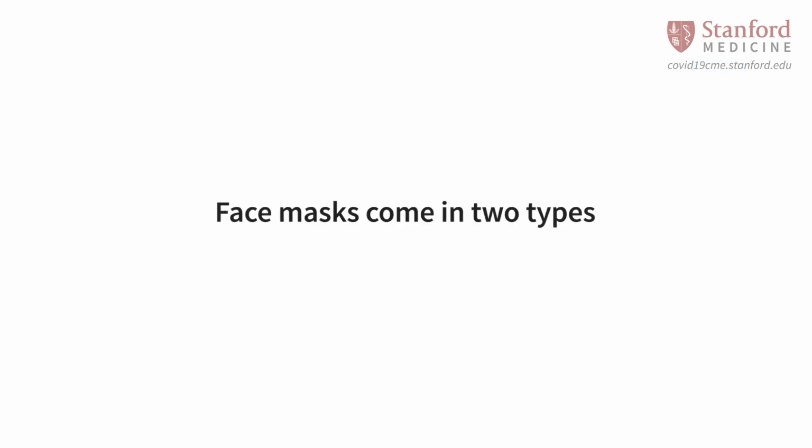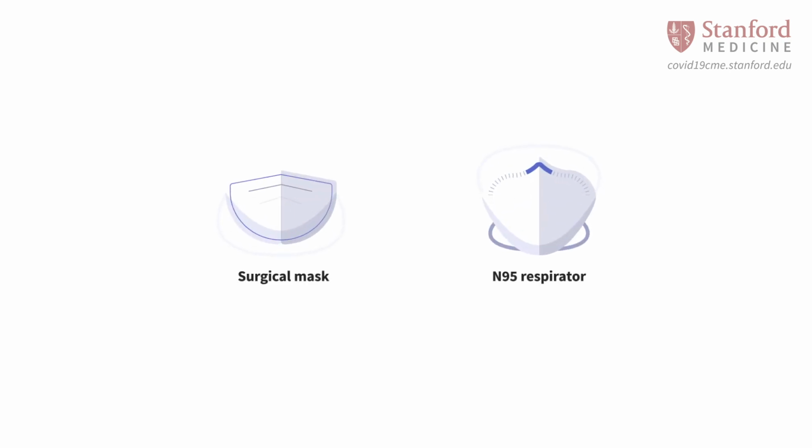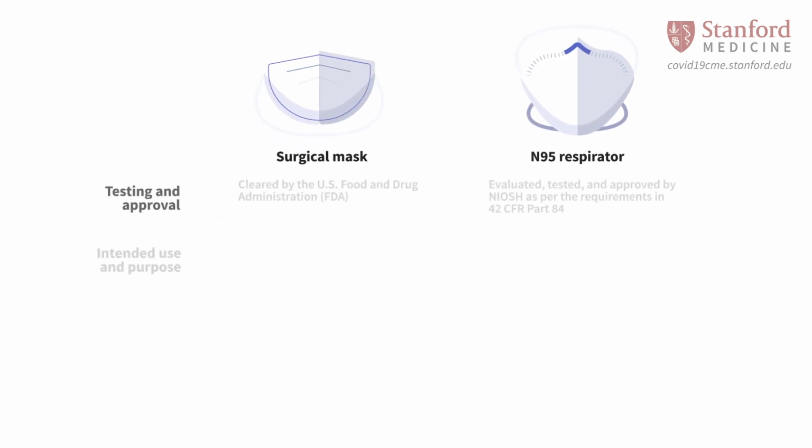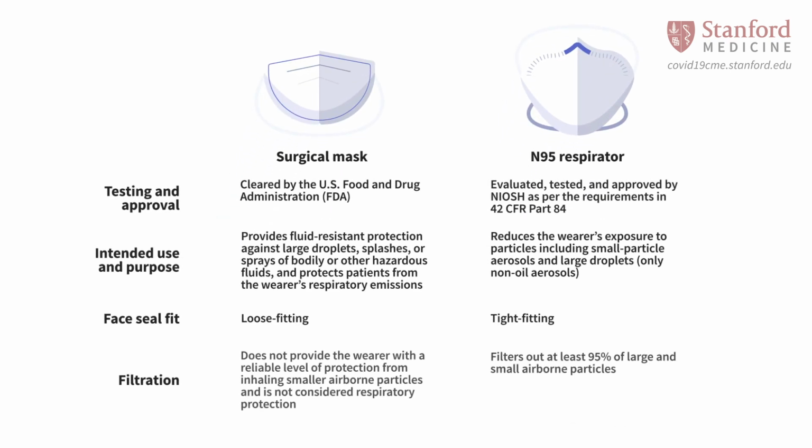There is some confusion about the utility of face masks in reducing SARS-CoV-2 transmission, so we will cover this briefly. Face masks can refer to both surgical masks and cup-shaped N95 respirators. Published guidance such as this document from the CDC states that surgical masks provide some protection against large droplets and also prevent emissions from the wearer, but does not provide a "reliable" level of protection.